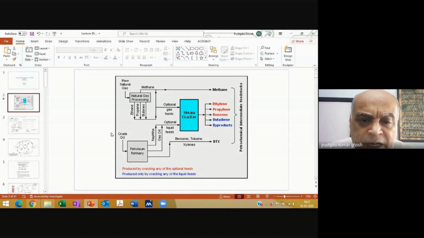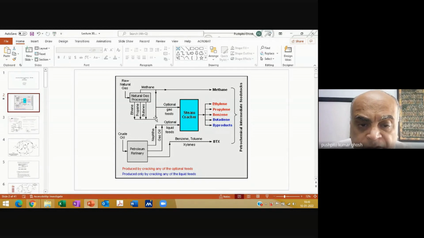After that, one might be left with things which can be converted into propane and butane and things like that, and use the methane for different purposes, whereas these will be subjected to some kind of cracking, and then you might actually want to generate unsaturated compounds from these, like ethylene, propylene, benzene. You may want to do that, butadiene.